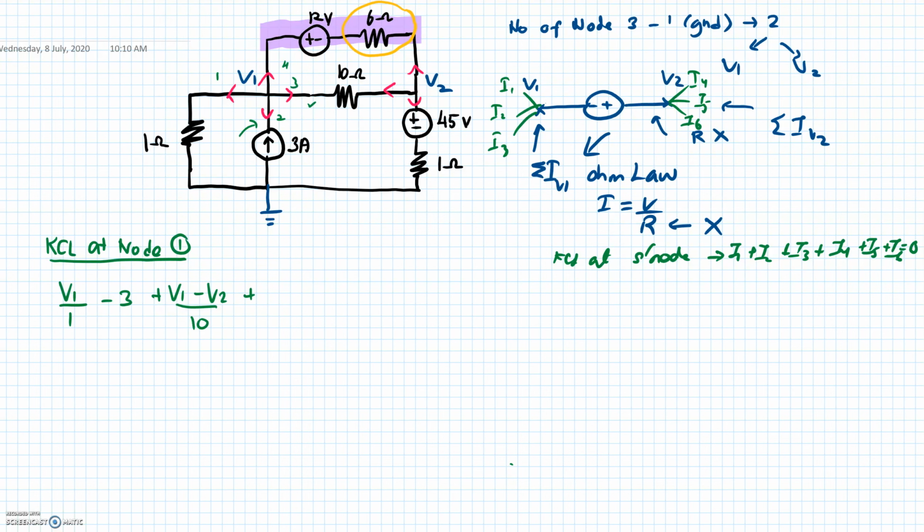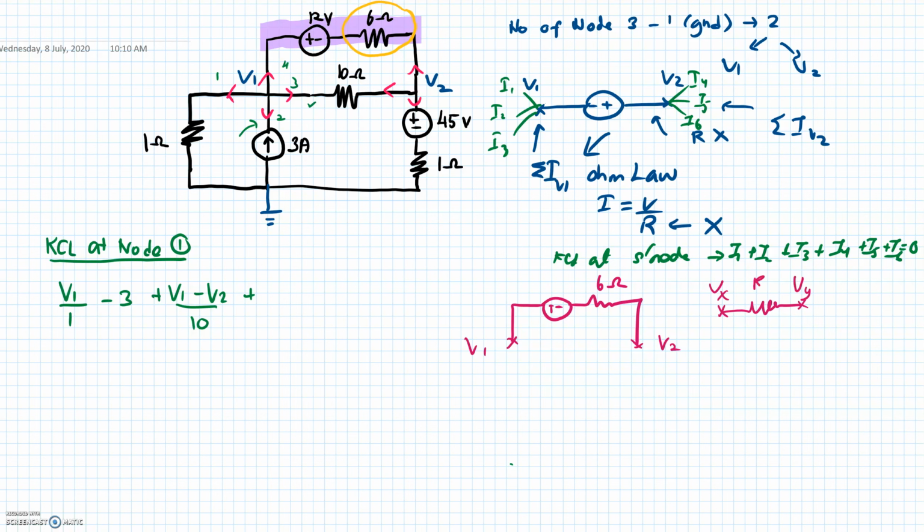Take a look here. So here is V1 and here is V2. In order to find the current, you need to know the voltage at the resistor. It means that if you have a resistor, you need to know what is the voltage here and what is the voltage here.